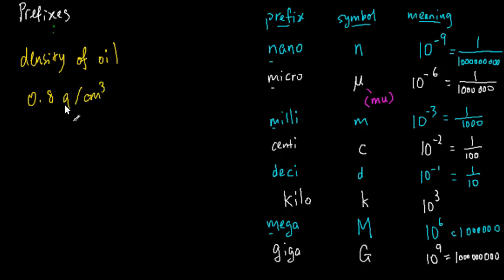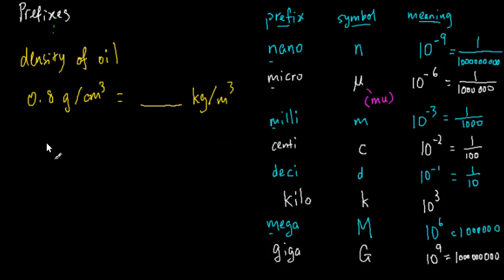Now that's a complicated looking unit. Gram is the mass and cm cubed the volume. Now suppose that I want to convert this to the SI units, meaning I want to write this using the unit kilogram per meter cubed. This particular conversion causes a lot of difficulty for students because it's rather tricky.